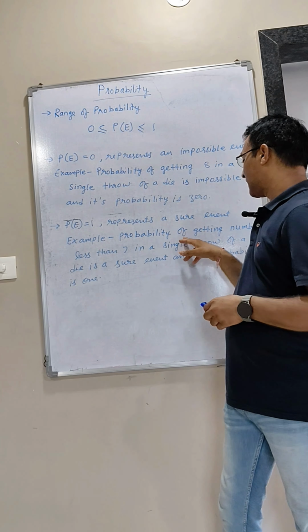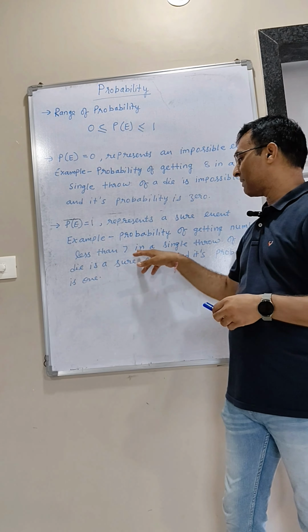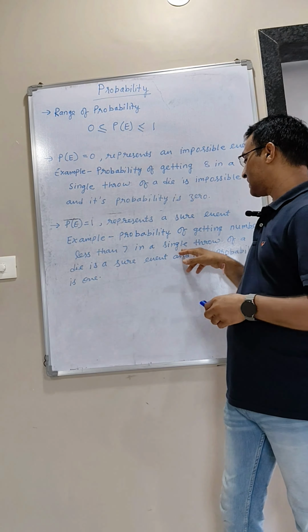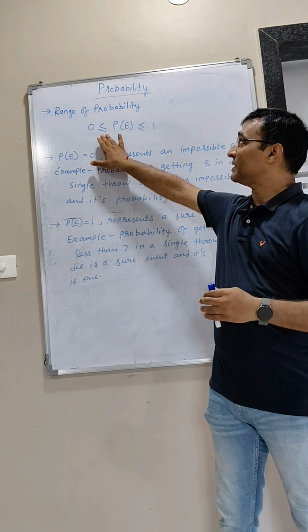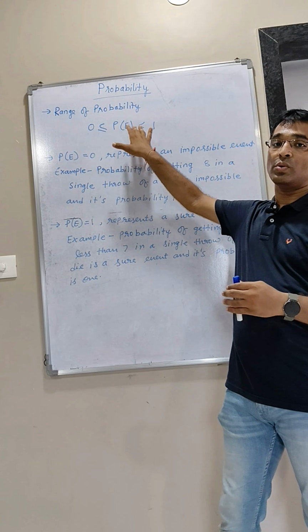Example: the probability of getting a number less than 7 in a single throw of a die is a sure event, and its probability is 1. As we all know, the numbers on the die are from 1 to 6, and any number which occurs will certainly be less than 7. So this is how probability ranges from 0 to 1.